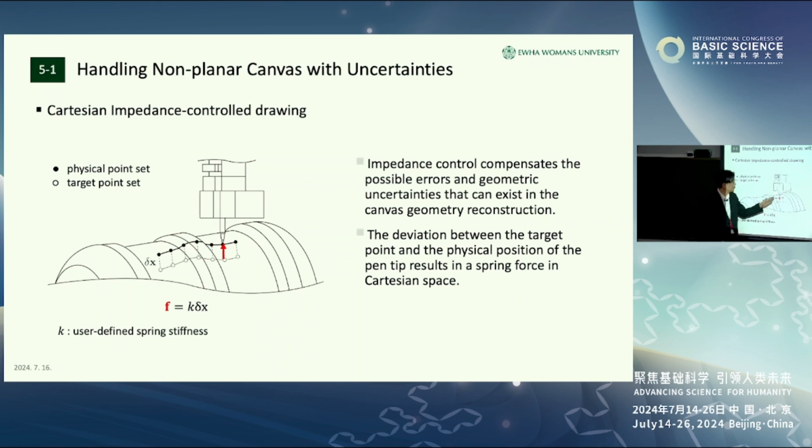But since the robot has compliance in the perpendicular direction, whenever it touches the surface, it will stop. But in the tangential direction, it has high stiffness so that it can still follow the curvy motions. So this way, we can compensate for somewhat loose geometry reconstructions of the surface.